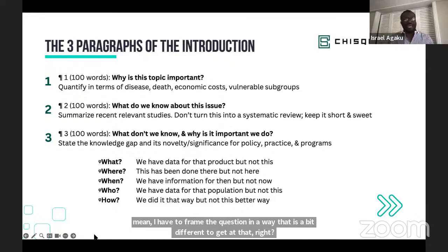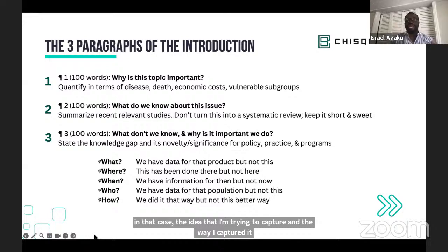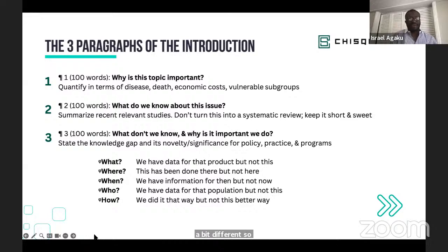And so the operational way I've captured it, because of the need to capture things in a way that is not necessarily rude or offensive, may be a much more roundabout way of getting to that issue, right? So in that case, the idea that I'm trying to capture and the way I captured it are a bit different. So the idea is that we want to provide, okay, this is what I was thinking of originally, and this is how it was captured.